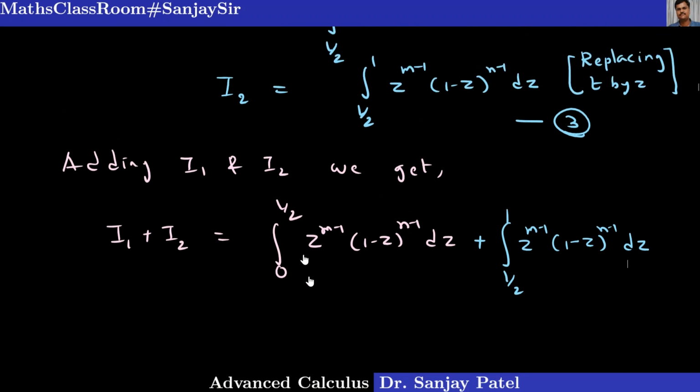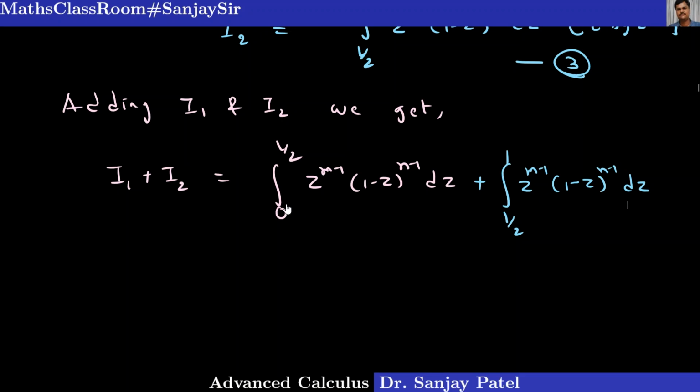It is here only. So I put the value of result 1 and result 2 and result 3, and this is now something like integral a to b f(x) plus integral b to c f(x) dx. Both the integrals are the same function, so I can combine these two integrals and write this as integral 0 to 1 z raised to m minus 1 into 1 minus z raised to n minus 1 dz.